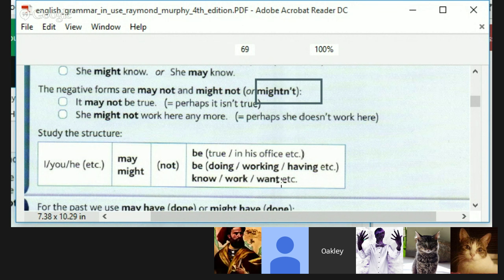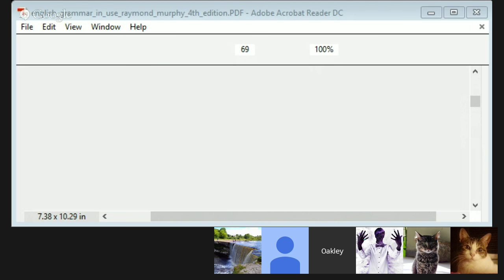Something very important and a common mistake language learners make is when they use modals, they try to put different forms of the verb, an ing verb or a past tense verb, directly behind the modal. You can't. You can put not, and then it has to be an infinitive verb without the to. So it has to be what's called a bare infinitive. A bare infinitive is basically like the present tense of the verb, but without to.